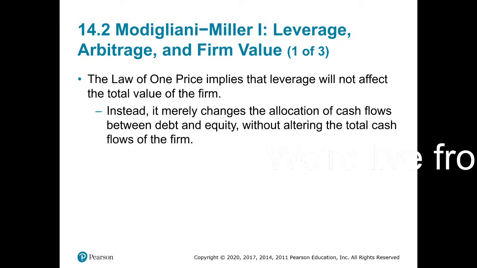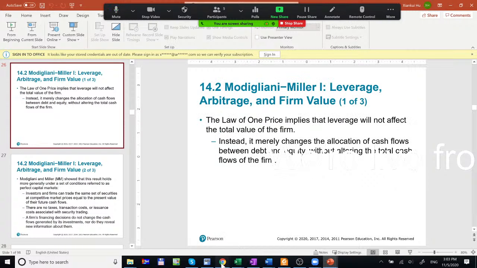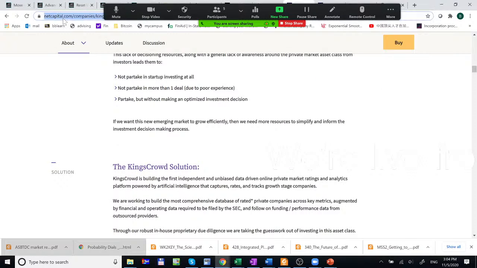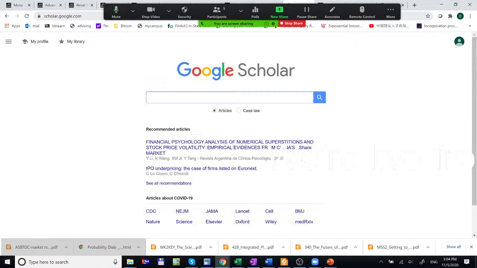Okay, so the theory is what we call the Modigliani and Miller theory, and it's one of the Nobel-winning finance theories. And if you look at the original paper, let's take a look. When you look at papers, we can use Google Scholar.